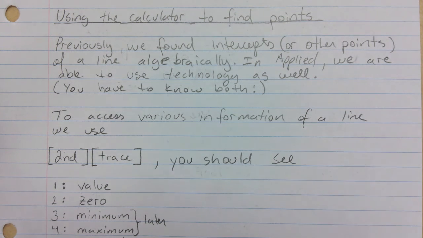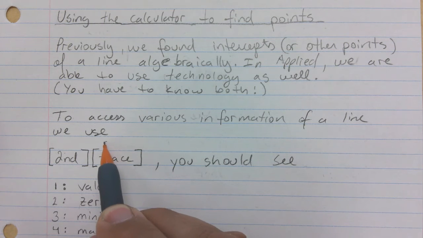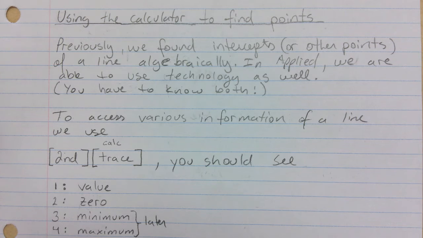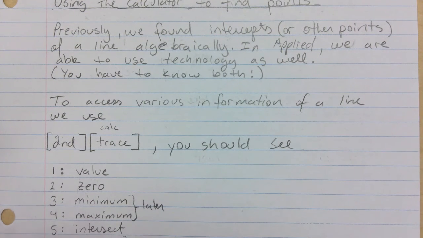Maybe what I will add is really what you're accessing is calc. Right above trace, if you look at that button on your calculator, you're actually accessing the calculate function or mode of your calculator. And then you will see a bunch of options.